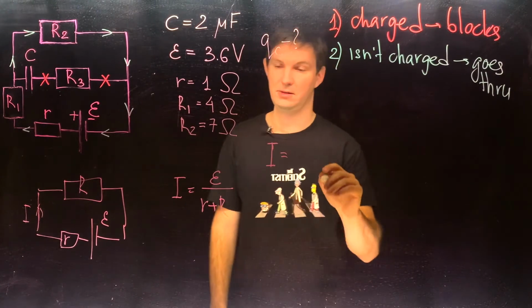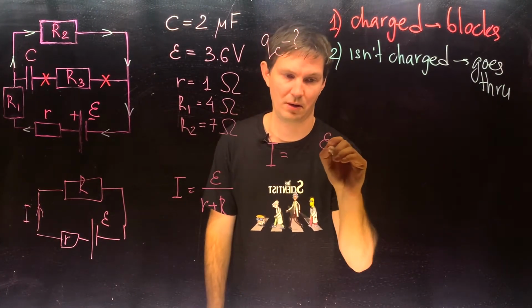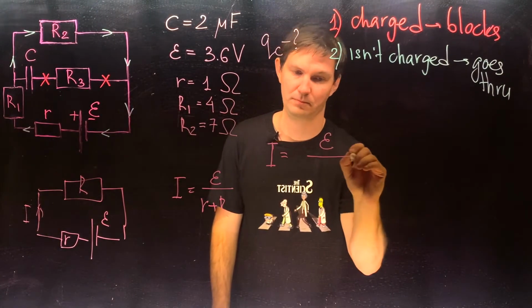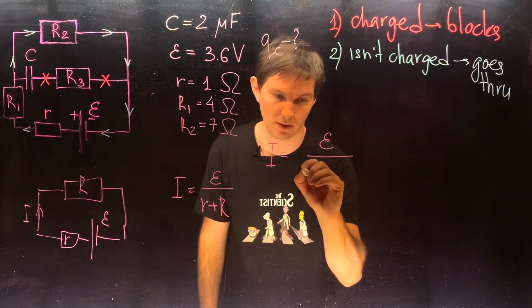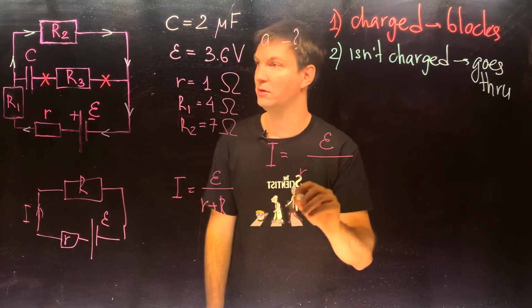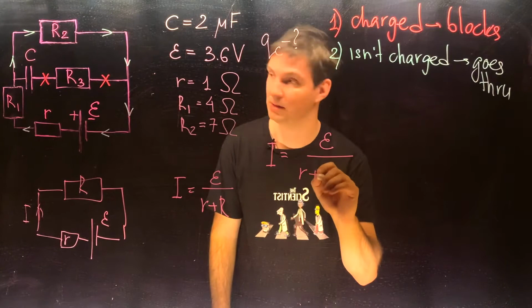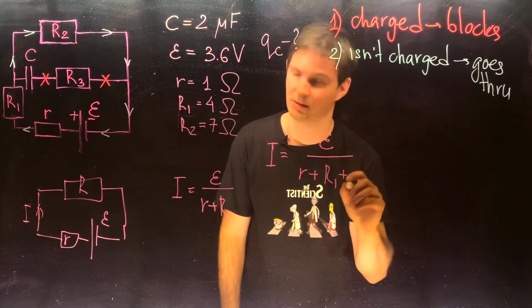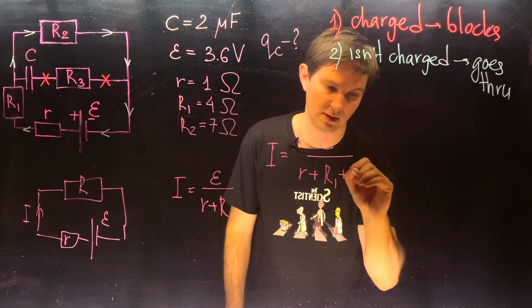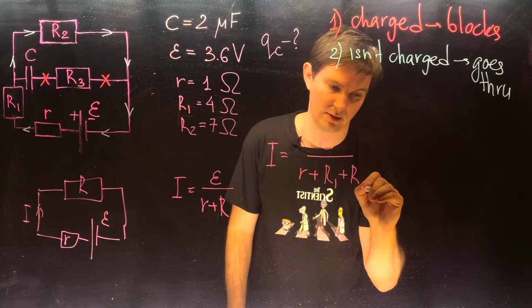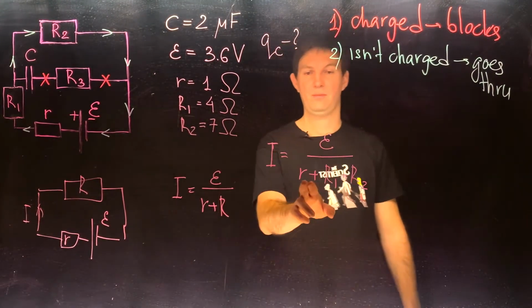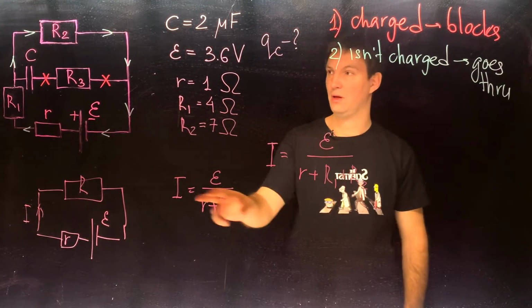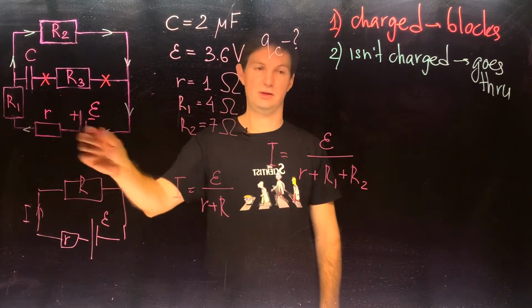The current is E divided by the internal resistance plus the first resistor plus the second resistor. Plus, because the resistors are in series.